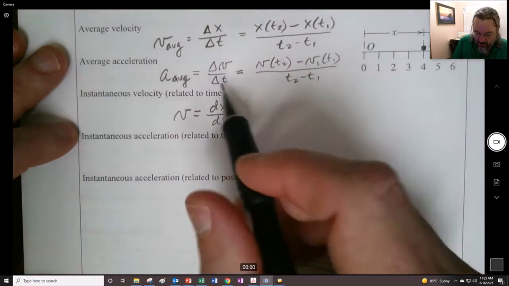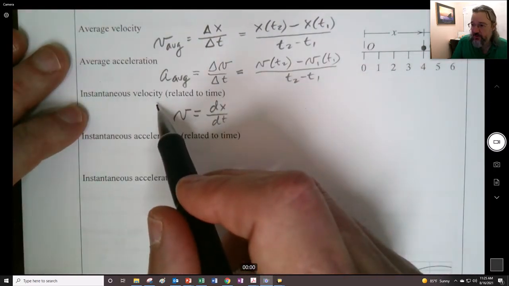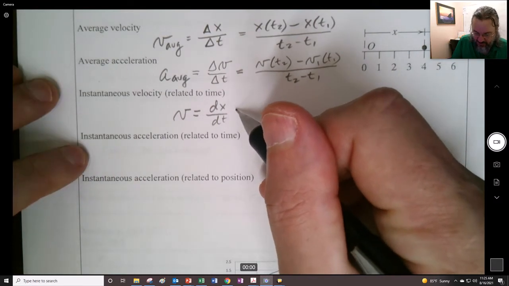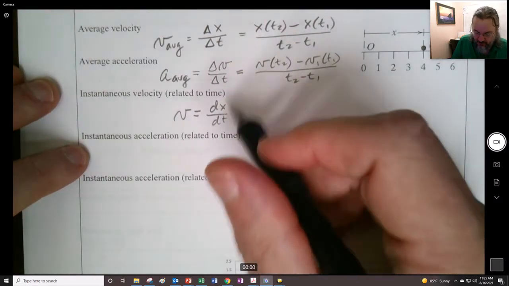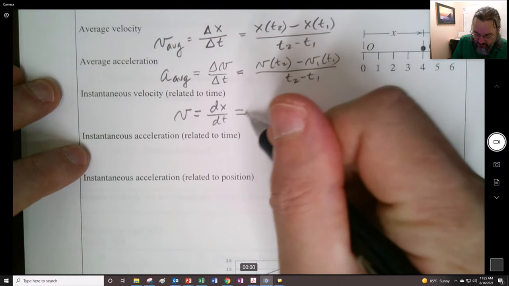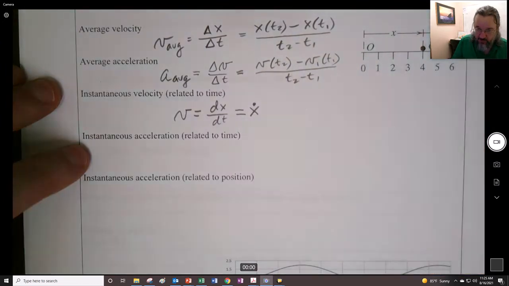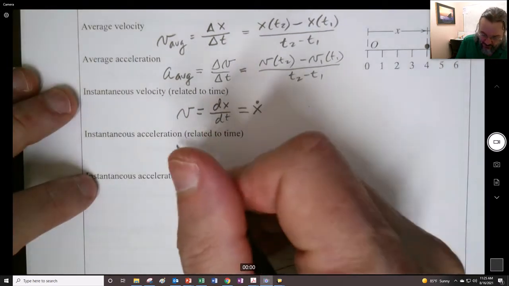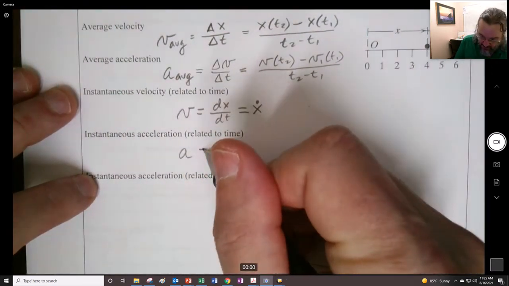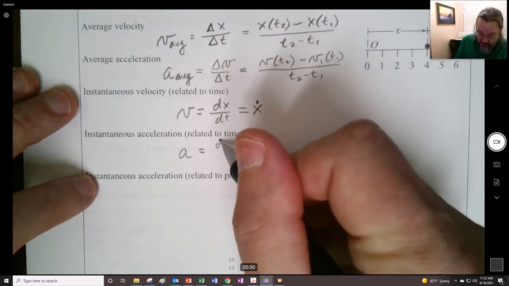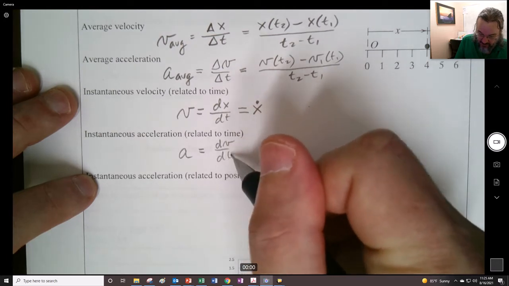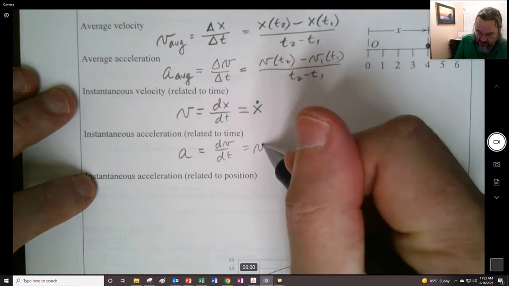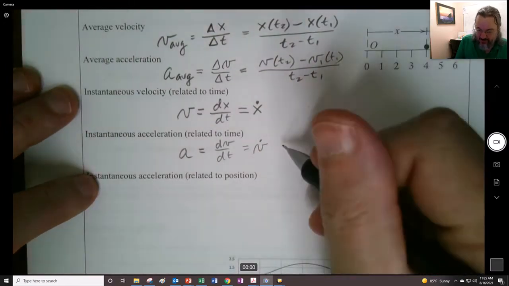Now, most of the time we are looking for the instantaneous velocity and the instantaneous acceleration. What we'll often do for this derivative right here is make a little shorthand and put a dot on top of it. That just means that we've taken the time derivative of the thing. So if we take a look at acceleration, we have dv/dt as the instantaneous acceleration, and we could write that as v dot, but we don't often.